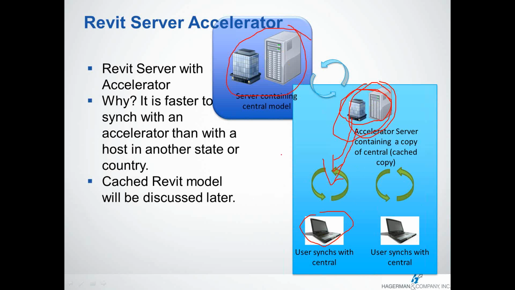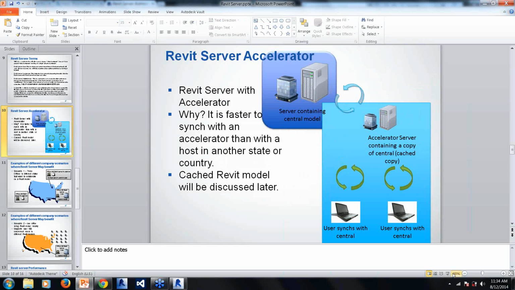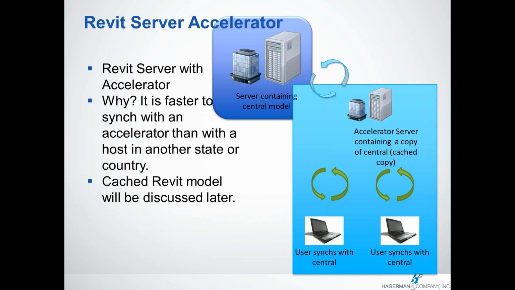Now, if they save a change or they try to reload a change and the host has the later model, then that takes a little longer. Now, it doesn't really send it through the accelerator.